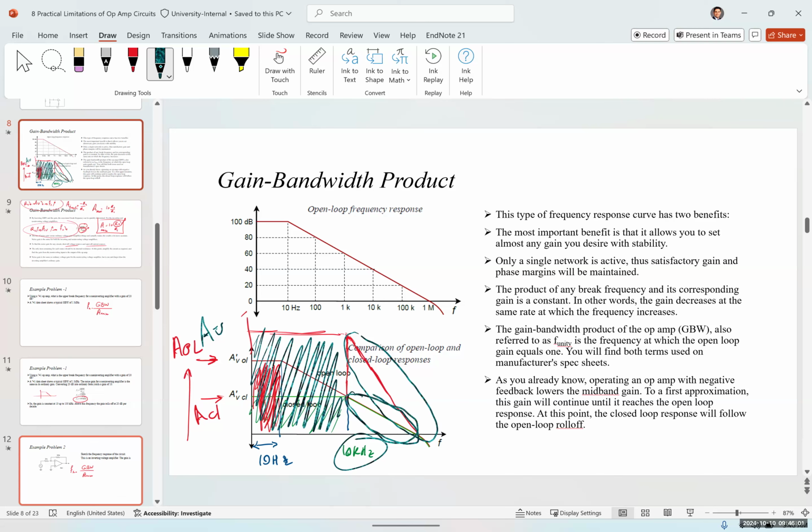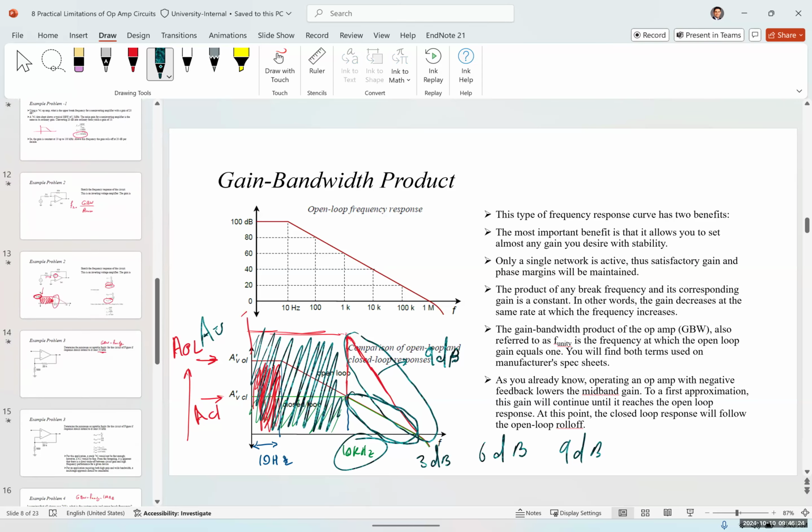So the slope that this drops for a single stage first order is 3 dB per decade. If we have 2, it's going to be 6 dB, and if we have 3, it's going to be 9 dB. So you can see a steeper decline, a higher slope, when you add to the number of stages, or when you cascade them.